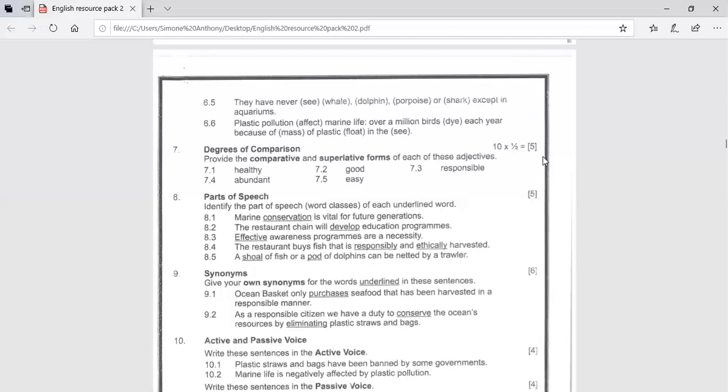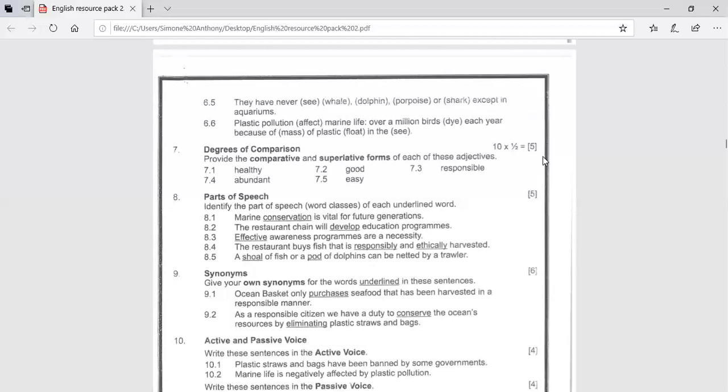If we look at the next one that focuses on degrees of comparison, provide the comparative and superlative forms of each of these adjectives. So here it would be how you're comparing your degrees of comparison, which you are familiar with.